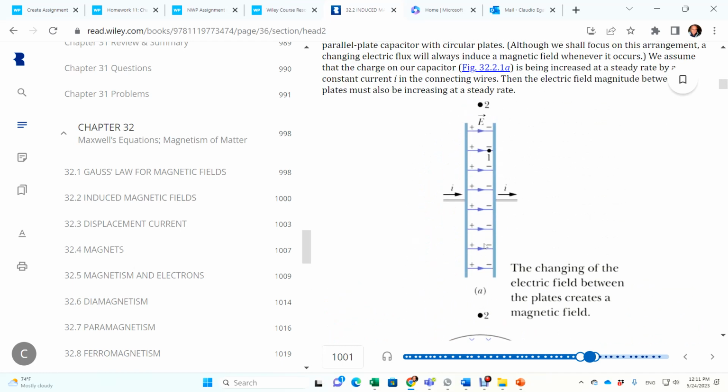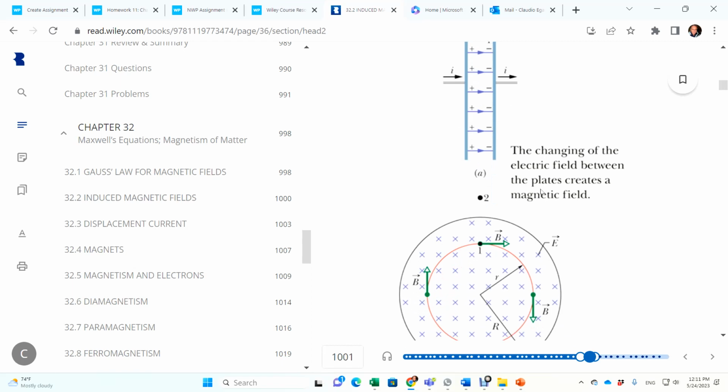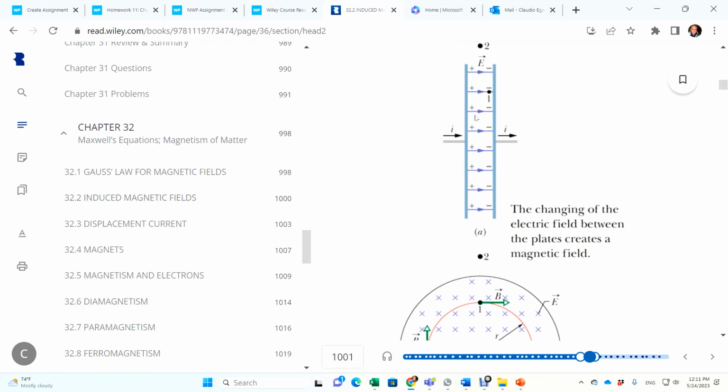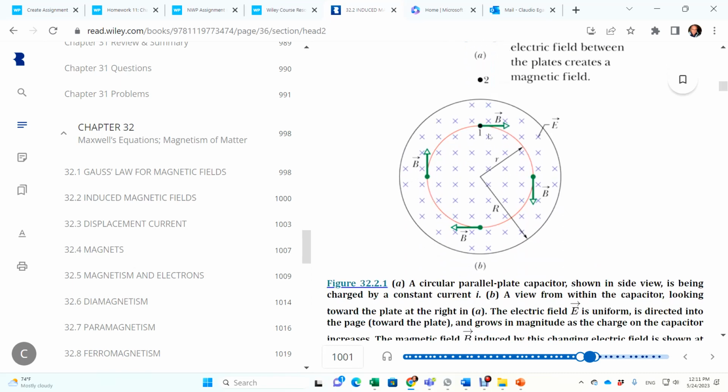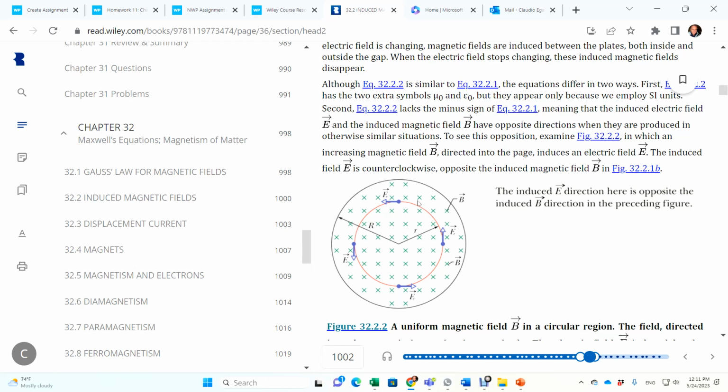The plates of this capacitor are producing an electric field that changes as time goes by because it becomes positively charged and negatively charged. So what's happening here? This changing electric field is inducing a magnetic field inside, in the same way that the electric field was being induced by a magnetic flux in the solenoid.